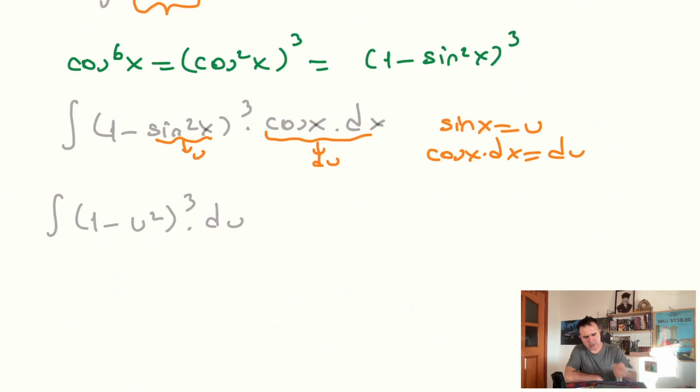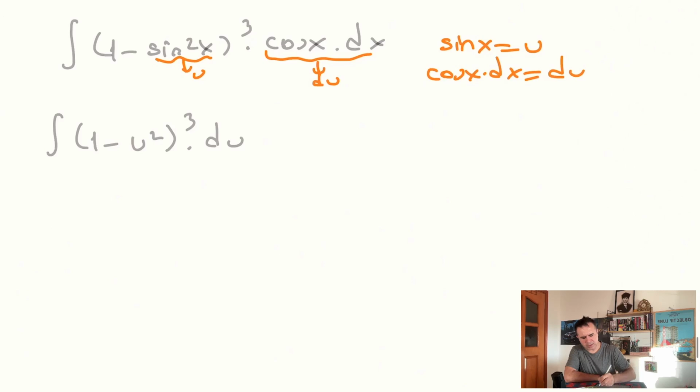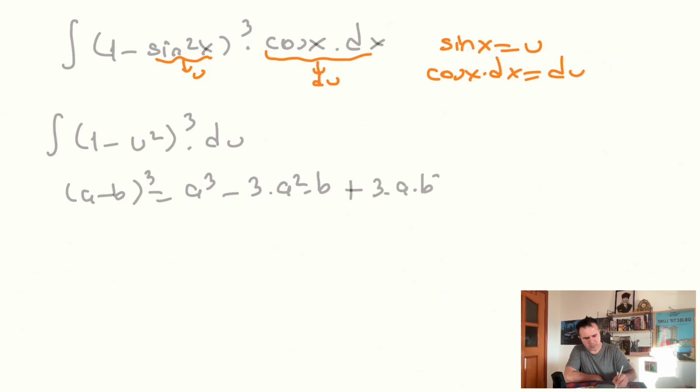We know that a minus b cubed is equal to a cubed minus 3 times a squared b plus 3 times a b squared minus b cubed. Here we have 1 for a and u squared for b.